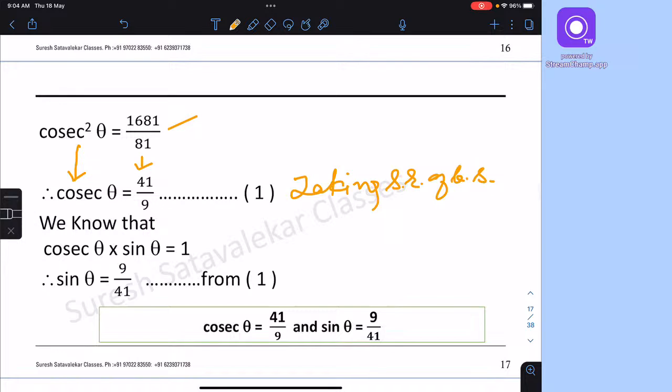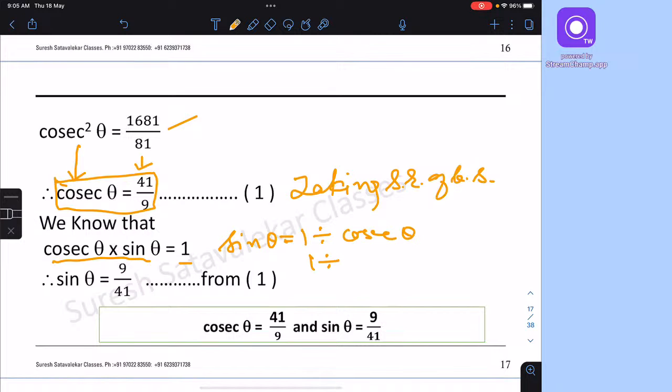Now cosec theta we found out to be 41 upon 9. To get sine theta, we are using the identity cosec theta into sine theta is 1. That means sine theta is equal to 1 divided by cosec theta. That is 1 divided by 41 upon 9.